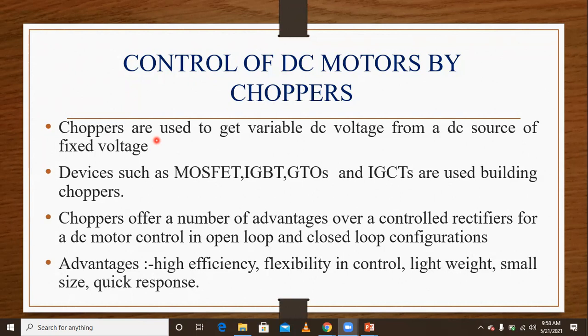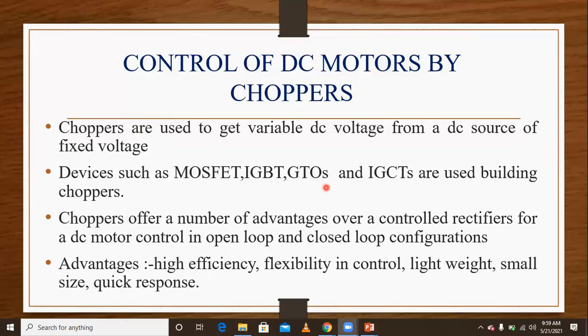Choppers are built with self-commutated devices, that is MOSFETs, IGBTs, power transistors, and GTOs, gate turn-off thyristors. These electronic devices are used for building choppers because they can be commutated by low power control signals and do not need a commutation circuit.